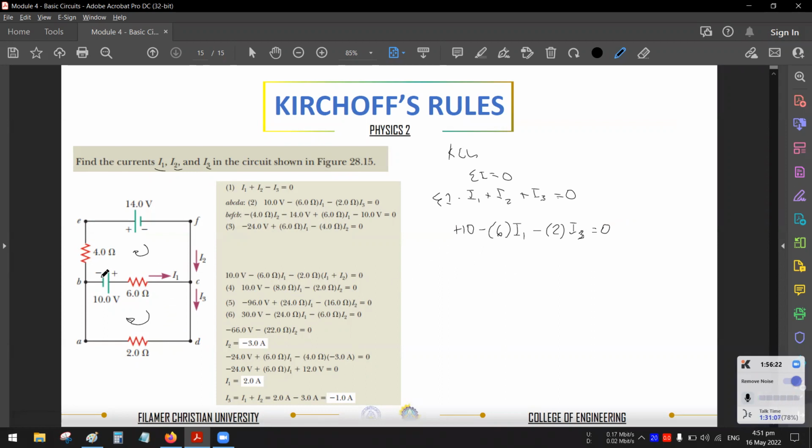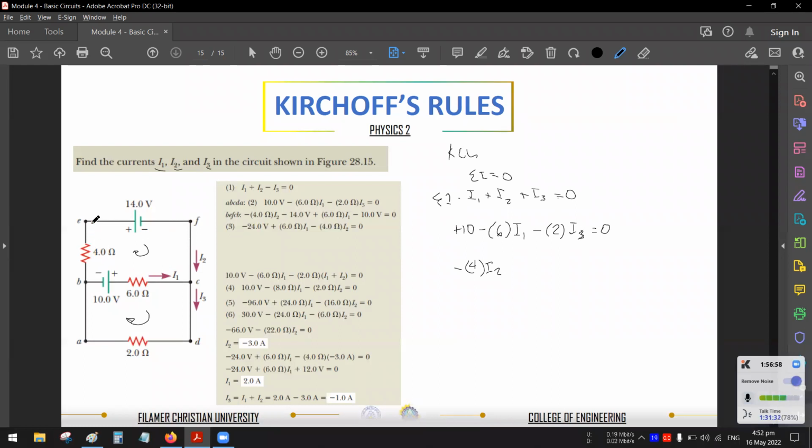Sa second loop, sa B, E, F, C, B, we have negative 4 ohms times I2. Pero notice nyo, may current tayo dyan tsaka yung may voltage.